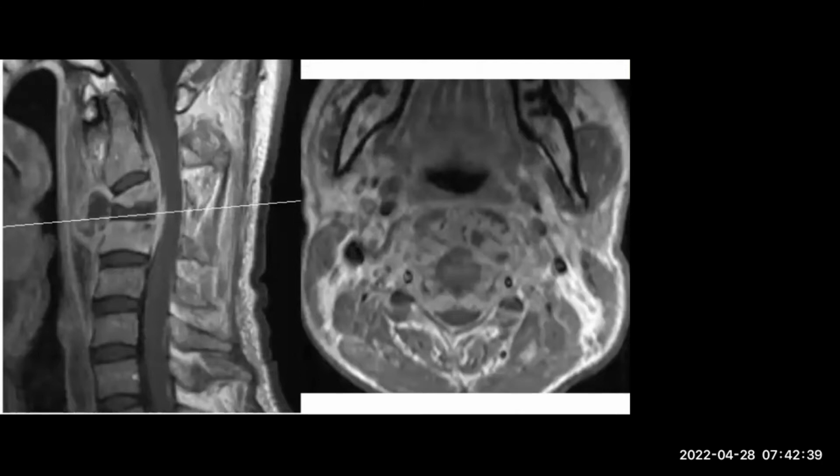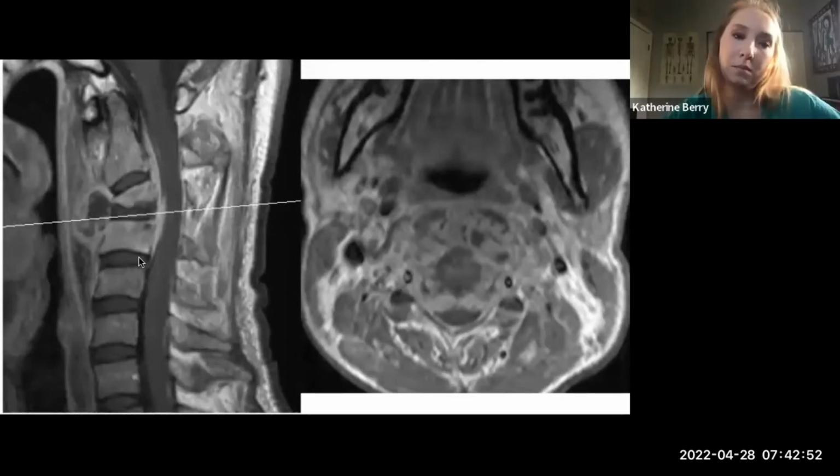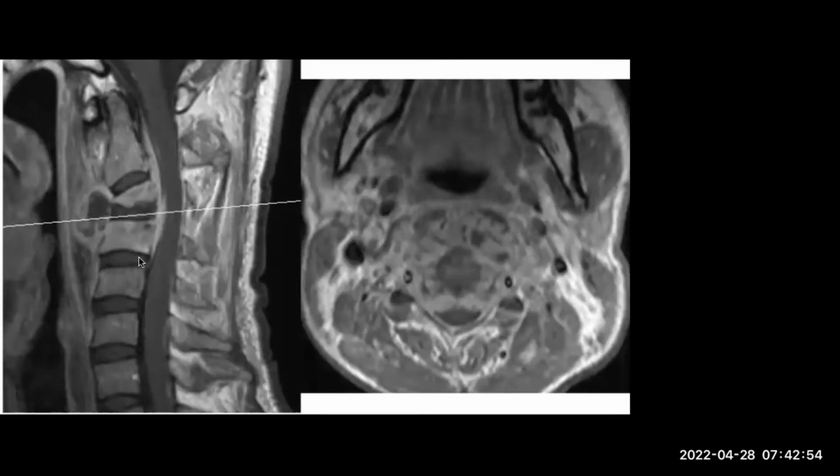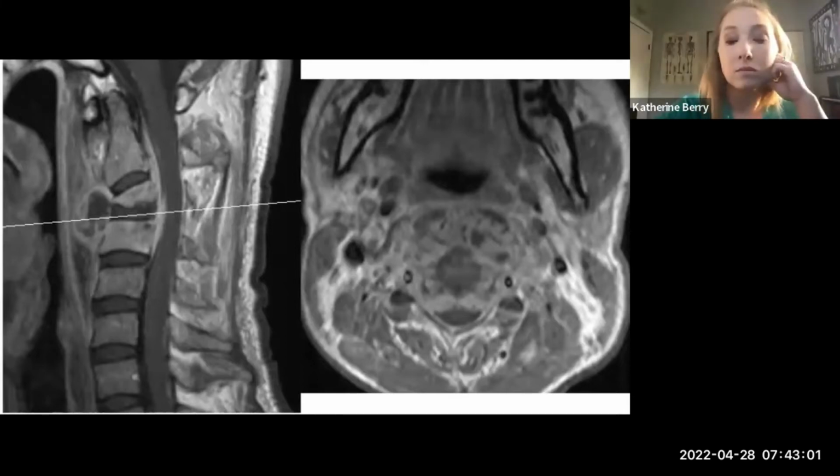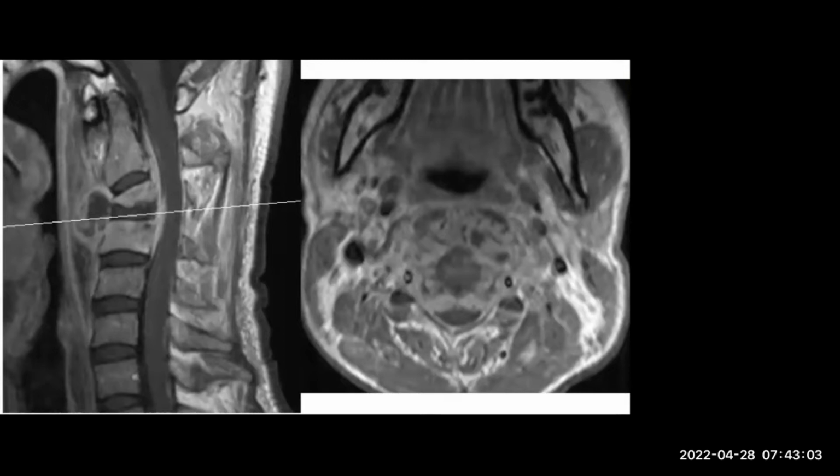Yeah, I mean, that sort of looks more like a peripherally enhancing collection there. It could be, with some enhancement of the dura ventrally, so more concerning for a severe discitis, osteomyelitis that's now progressing to full-blown abscess with the epidural component.